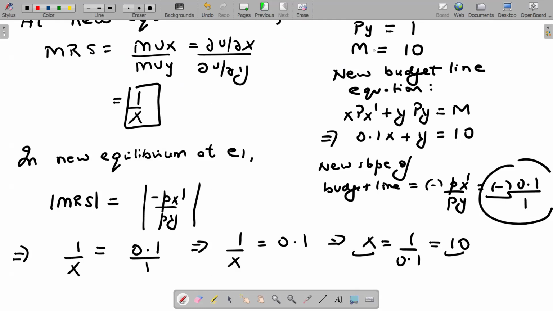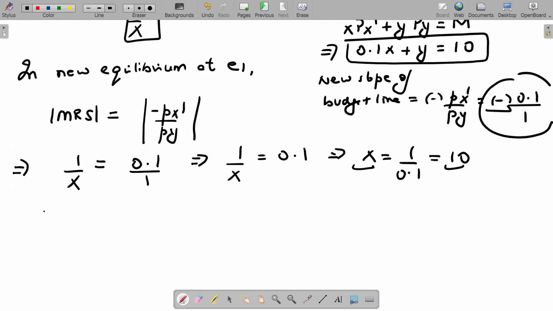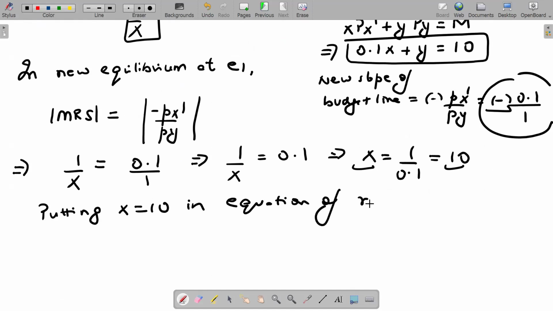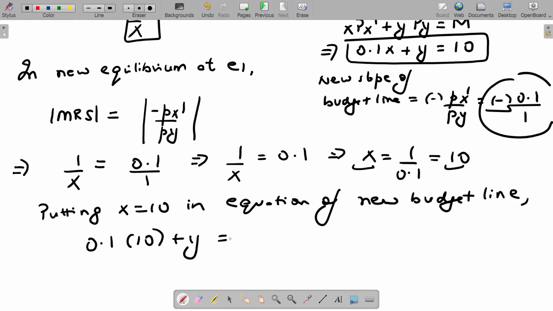Put x equal to 10 in the equation of the new budget line. Putting x equal to 10 in the equation of the new budget line, I get 0.1 times 10 plus y equal to 10.